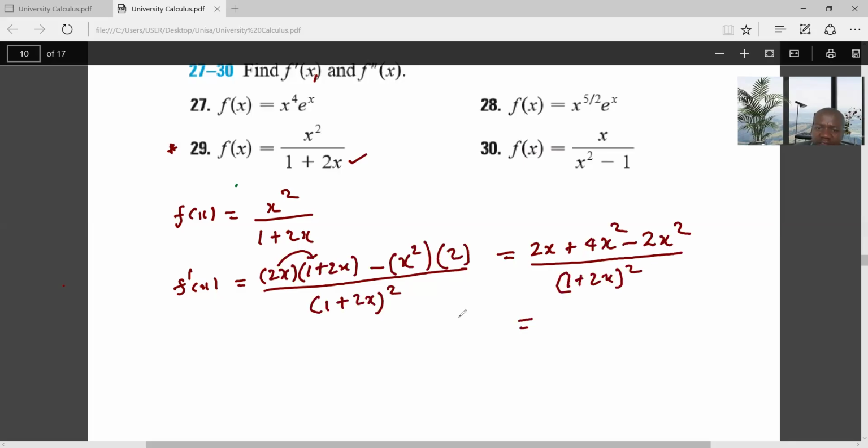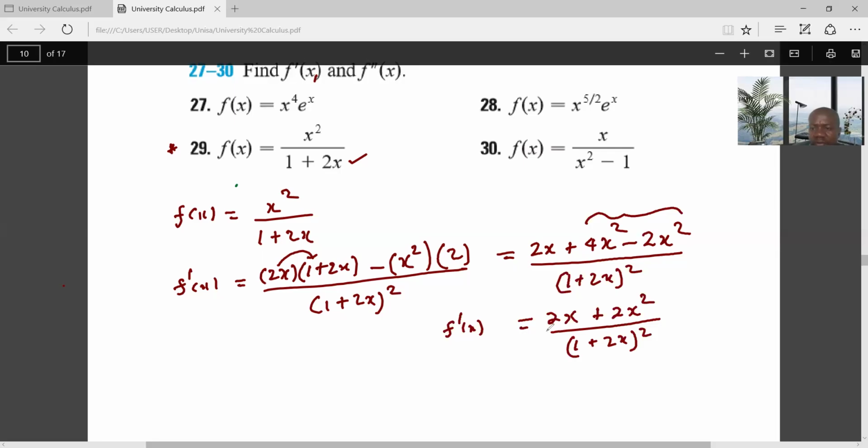Simplify this. Grouping the like terms, this will be 2x plus, these are also like terms, this will be 2x squared, all over 1 plus 2x all squared.